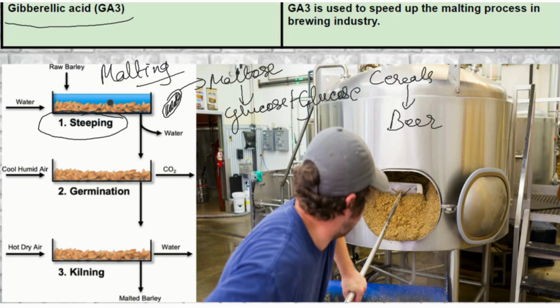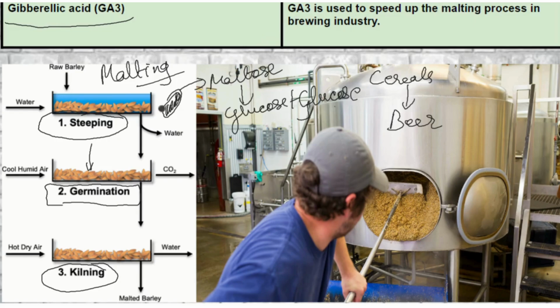This is steeping, where you put the grains in water, then you germinate the grains so that they start sprouting and all the enzymes get activated. Finally you do the kilning process, where the roasted grain gets a specific color and taste. After malting, the grains go for production of beer in industry.